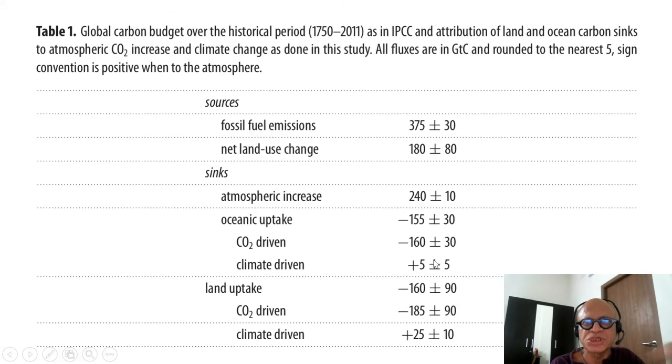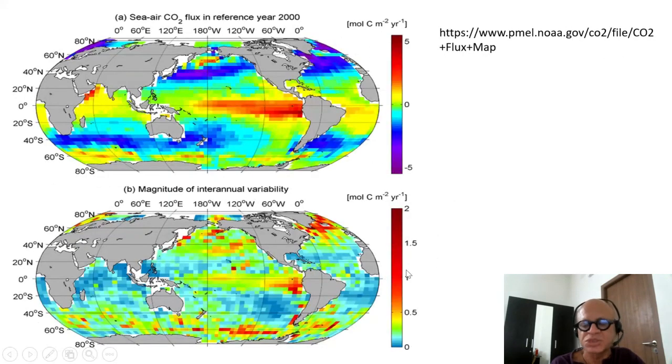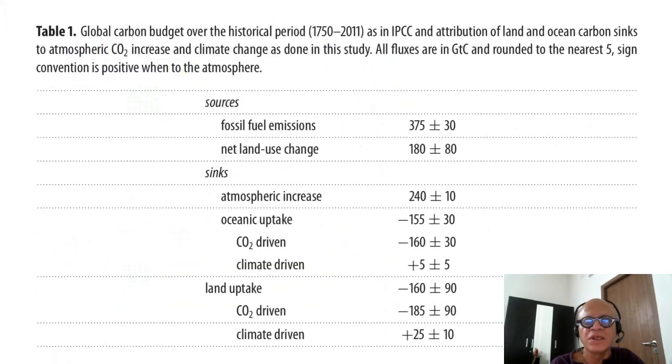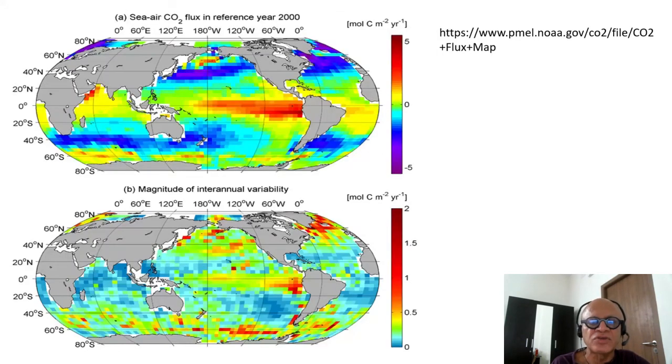So temperature changes, dissolution changes, wind changes, air-sea CO2 exchanges, and so on. And land uptake, not very well constrained at all. CO2 driven, also similar uncertainties, and climate driven, similar uncertainties. Okay, so that's the main point, that the carbon cycle remains somewhat of a wild card going into the future.